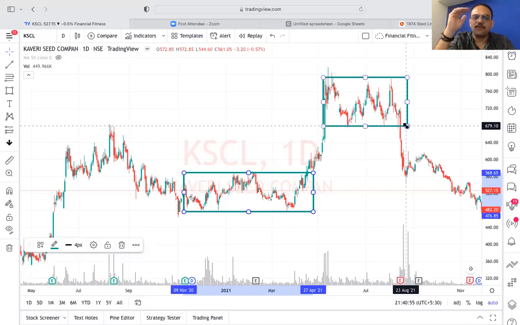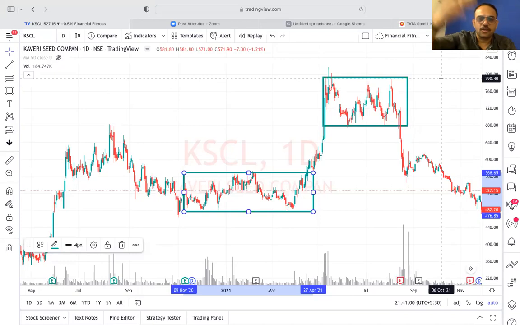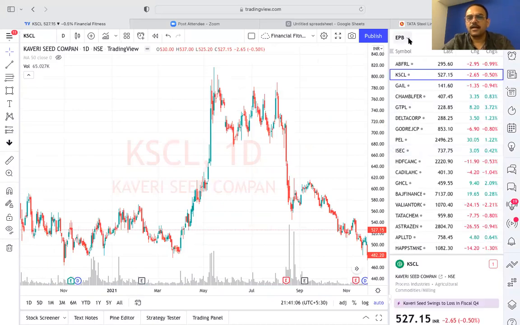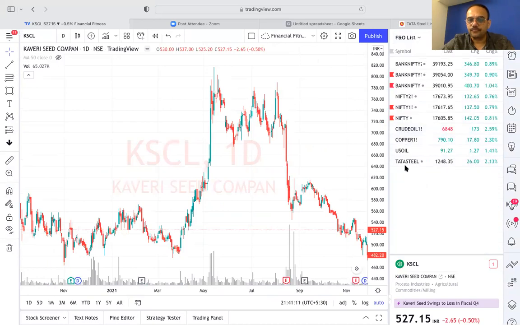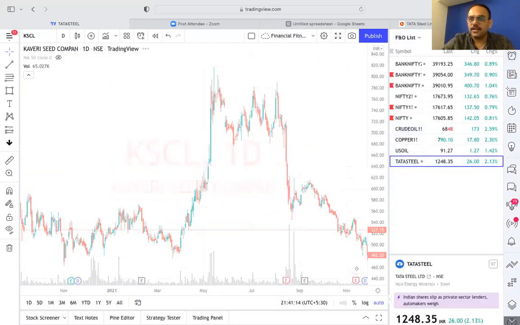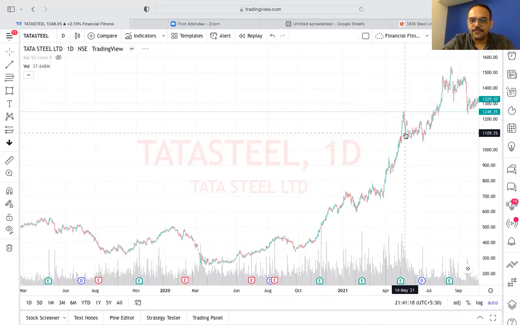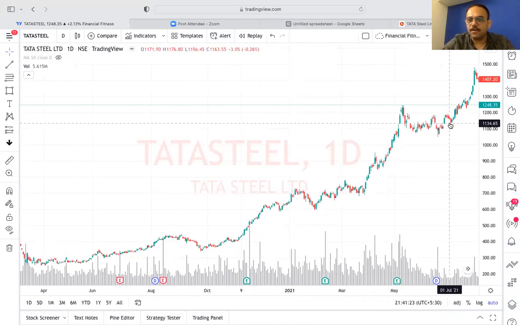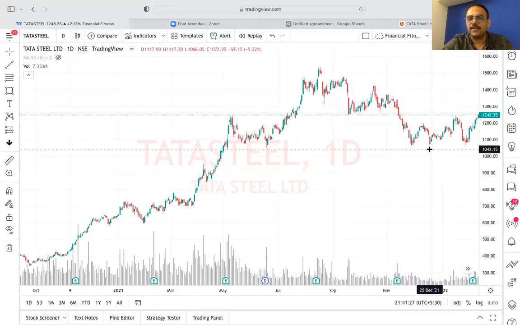It may so happen also that accumulation, then again accumulation, then again accumulation, it can happen. So it is not necessary that it will only accumulate and distribute alternately. Let's say if you see Tata Steel, of late, it can also have accumulation going up, accumulation going up, accumulation, still accumulation coming down.